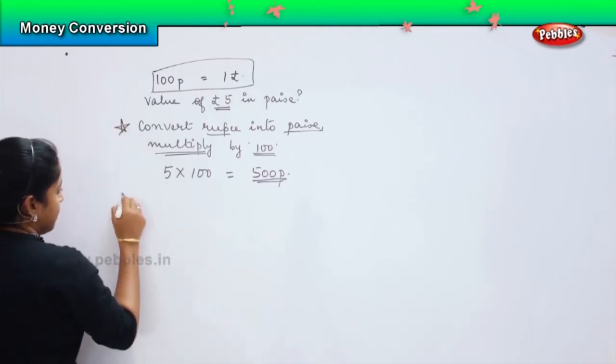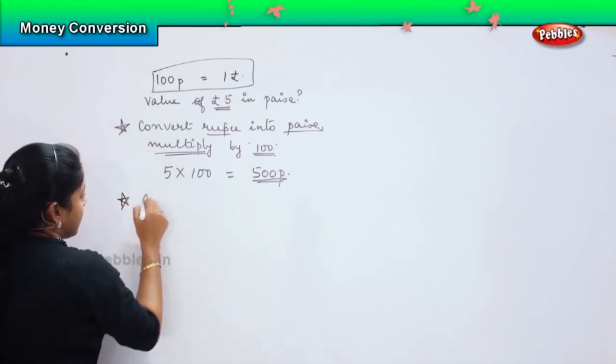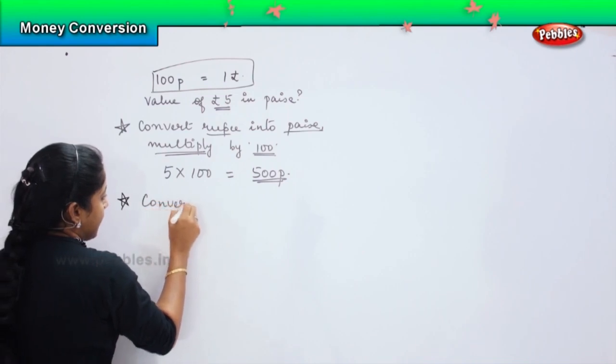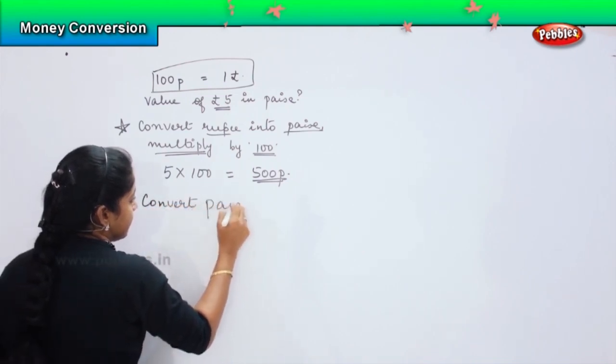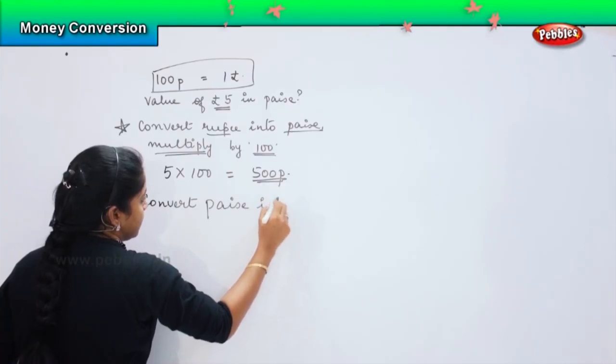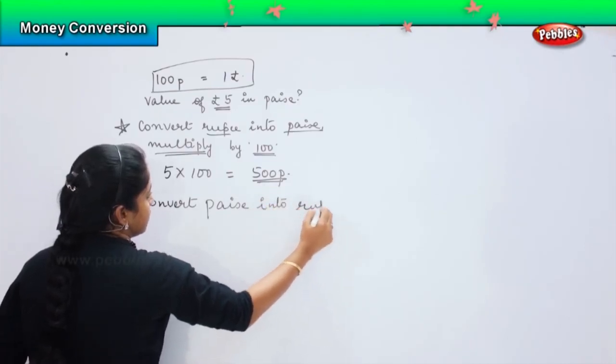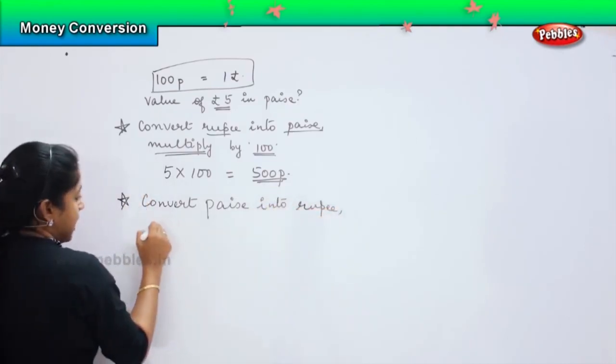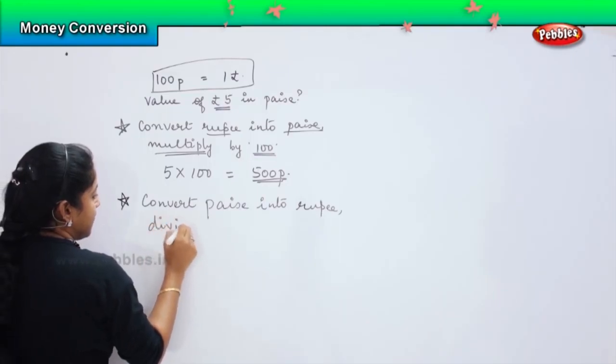Now the same thing, if I have to convert paise into rupee, then I need to divide it by 100.